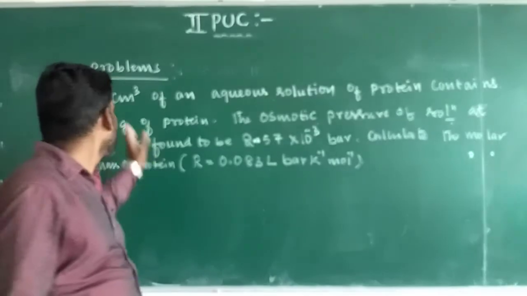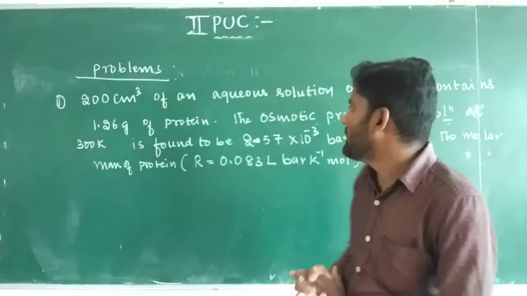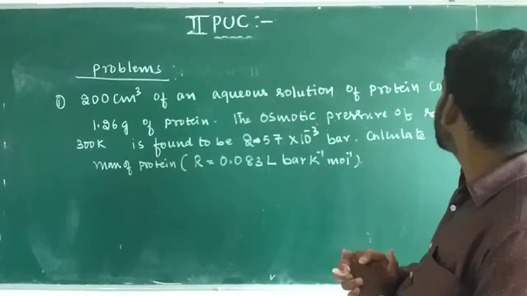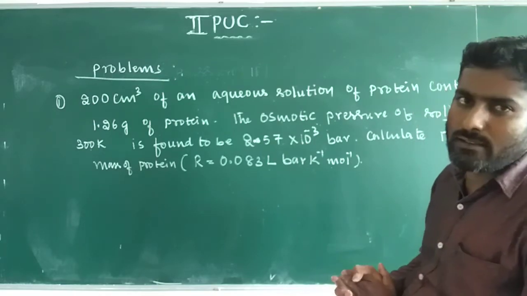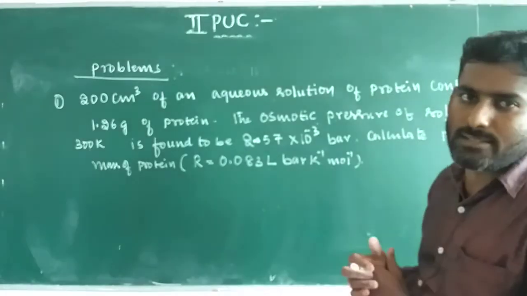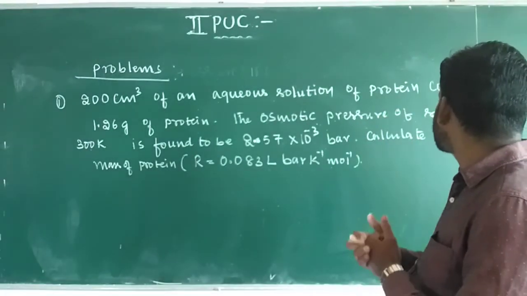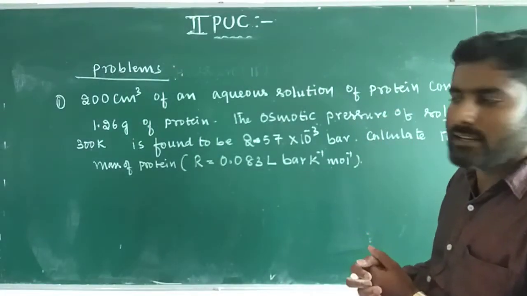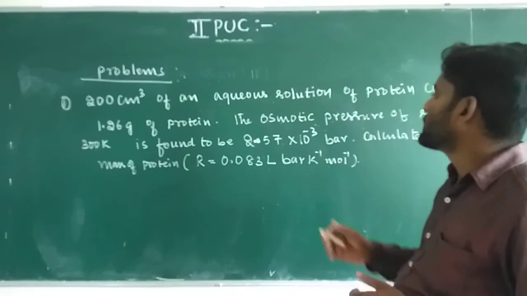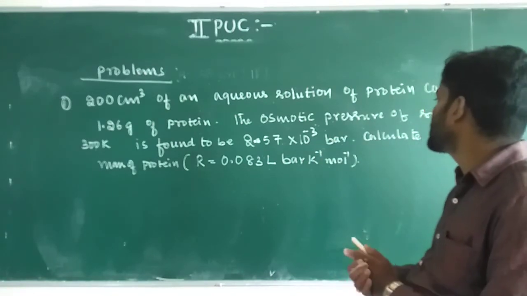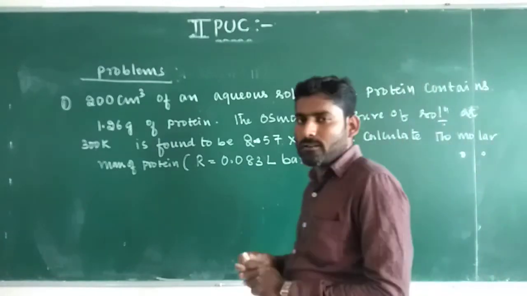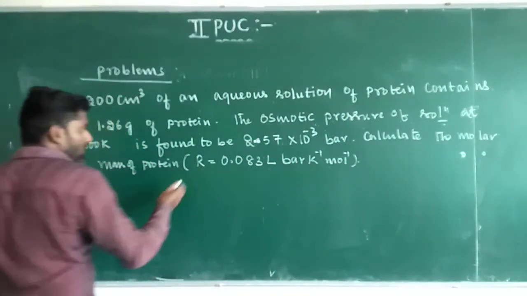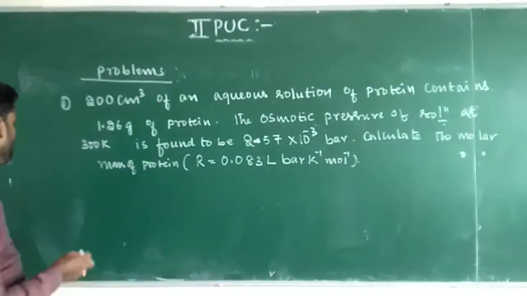Here 200 cm cube of an aqueous solution of protein contains 1.26 gram of protein. 1.26 gram of protein is the solute mass. The osmotic pressure of the resultant solution at 300 Kelvin is 2.57 into 10 power minus 3 bar. So calculate the molecular mass of protein.